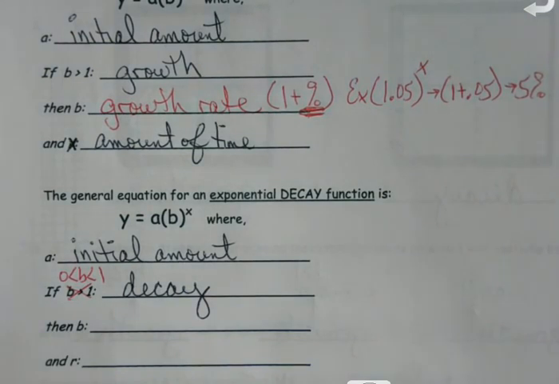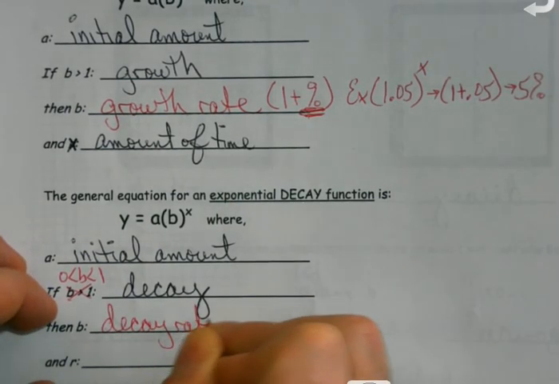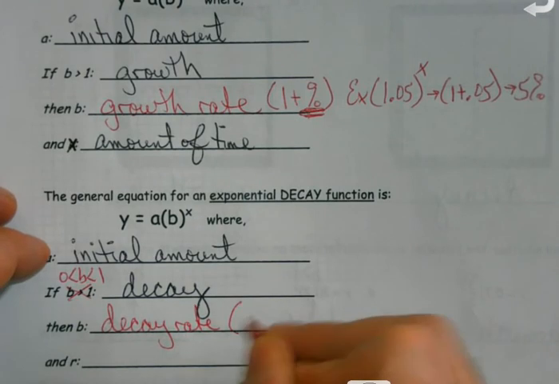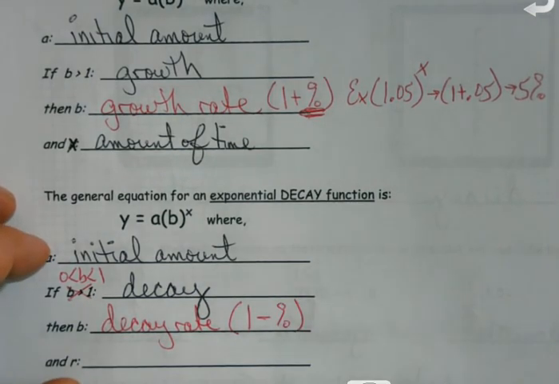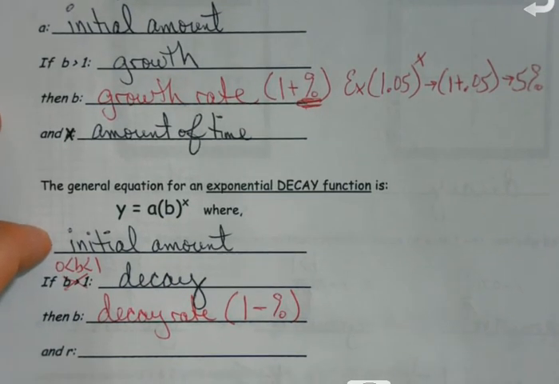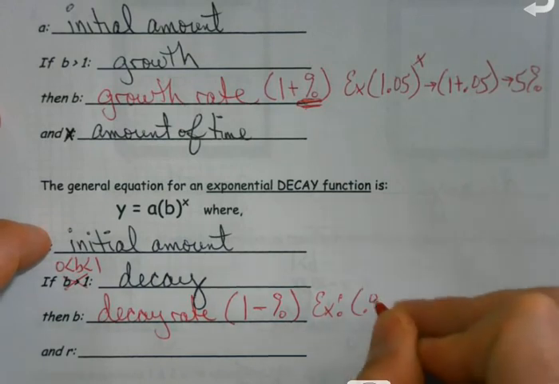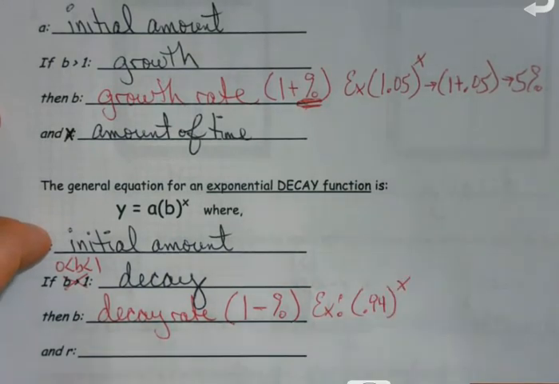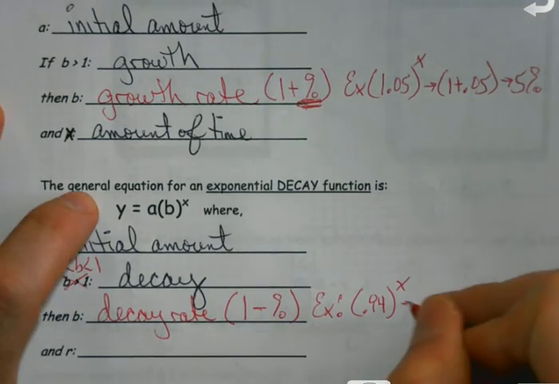So if it's decay, instead of a growth rate, it's a decay rate. And instead of being 1 plus the percent, it's 1 minus the percent. Now decay gets a little bit trickier. So for instance, let's say I've got something that says 0.94 to the x. I've got to figure out 1 minus what gets me to the 0.94.